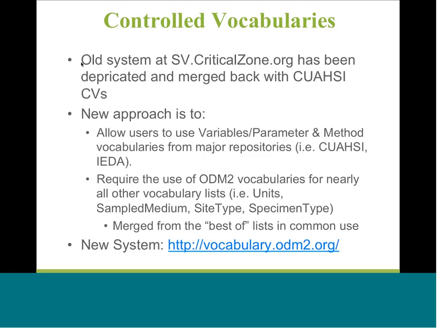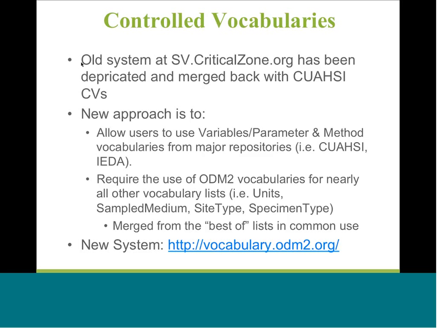So we made a huge effort this fall on trying to define these vocabularies by taking the best of terms that were in common use out there by our fields to define things like units, sampled medium, site type, specimen type, and quite a lot of other vocabulary lists. And a whole new system has been built around that, which Jeff is going to describe right now.